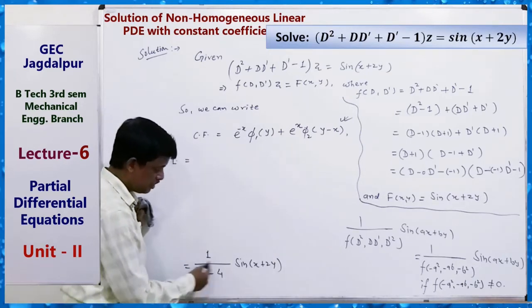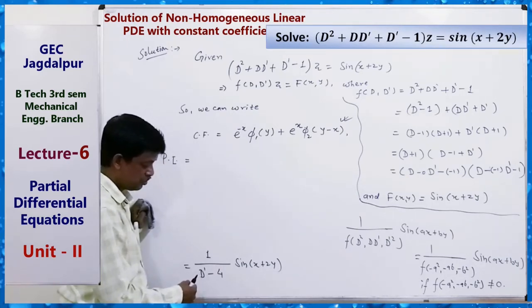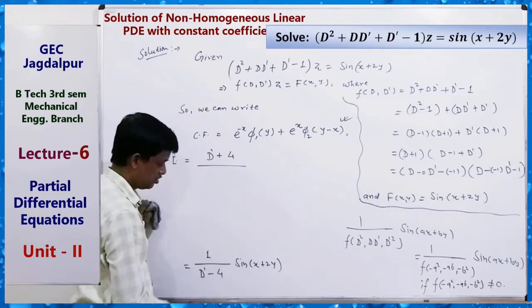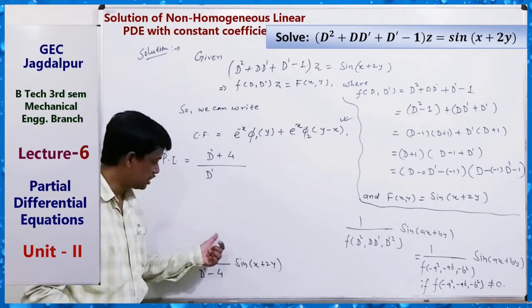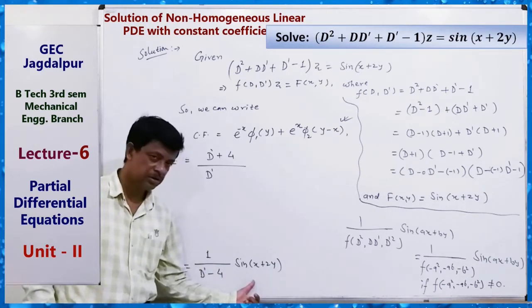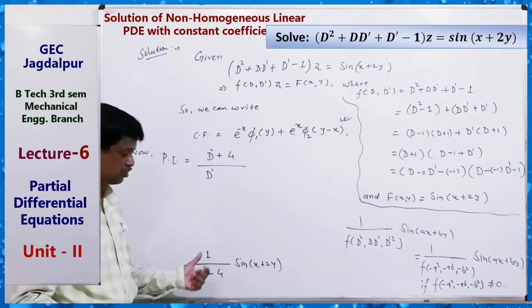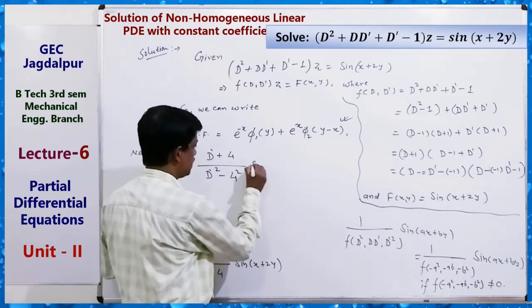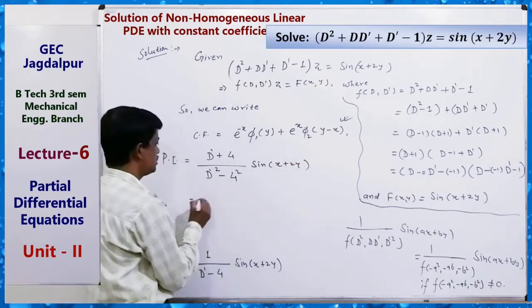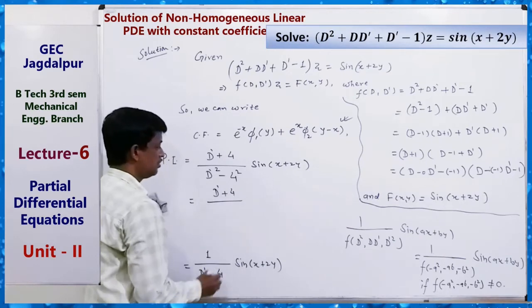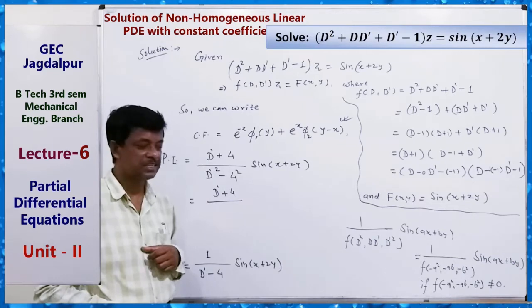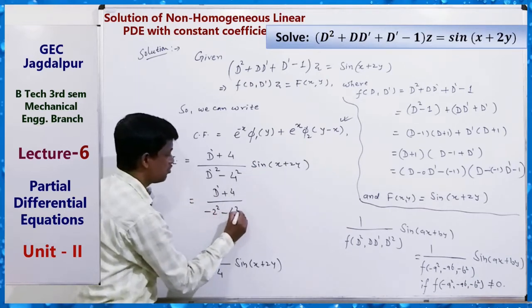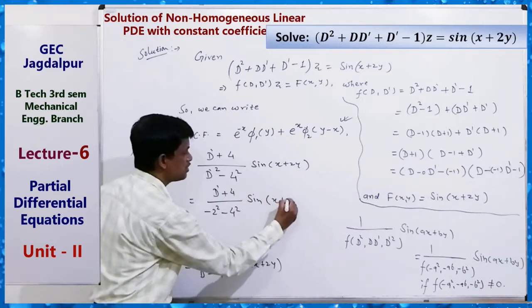How to handle the denominator? We multiply numerator and denominator by D' + 4. So (D' + 4) upon (D' − 4)(D' + 4), that is (a − b)(a + b) equals a² − b², so D'² − 4², sin(x + 2y). This equals (D' + 4) upon, now we can put D'² as −b², so −2² − 4², if not 0, then you can put sin(x + 2y).